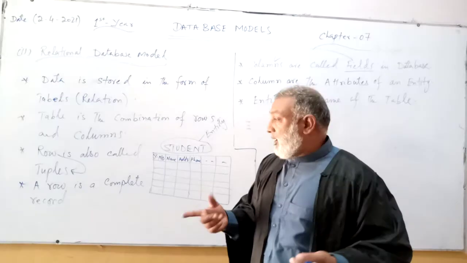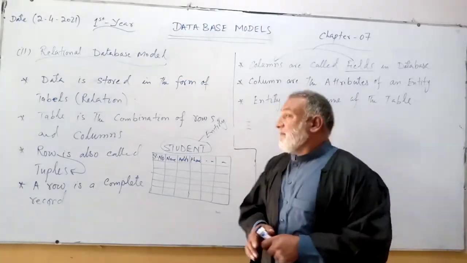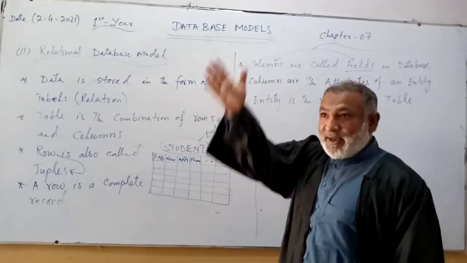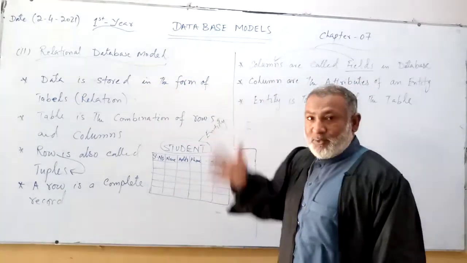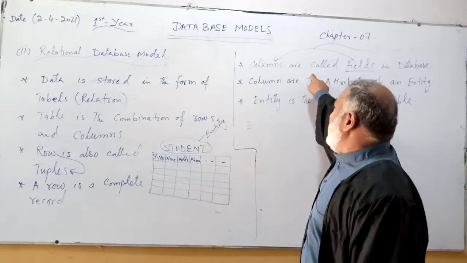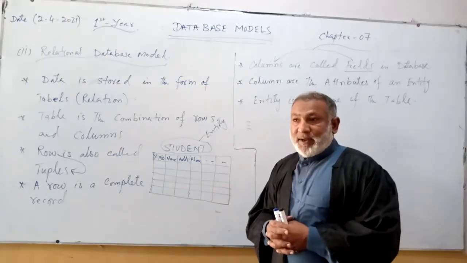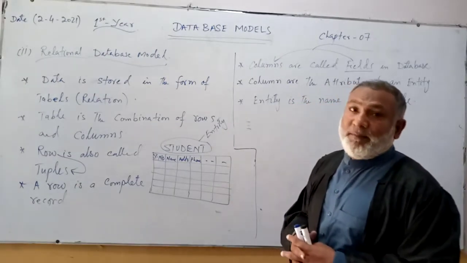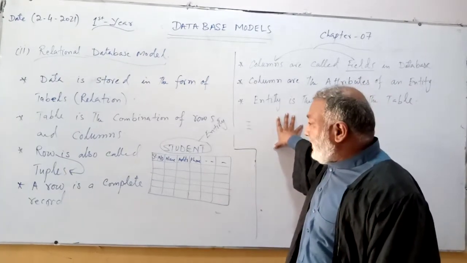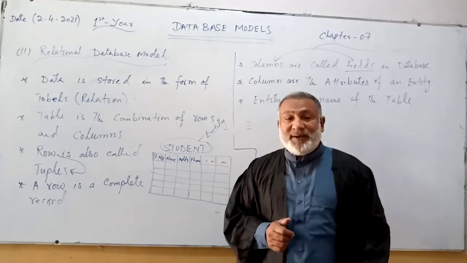It is a complete record, and in database terminology a row is also called a tuple. Similarly, the rows are divided into columns, and each column is a field, and fields are the attributes of an entity. Attributes are the properties of an entity. What is an entity? For example, here student is an entity.